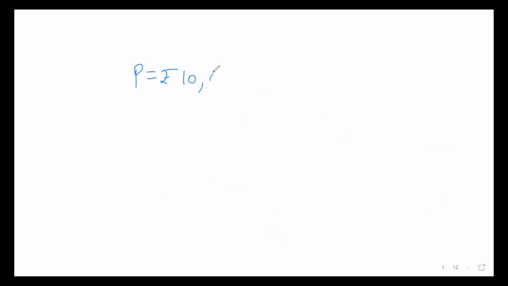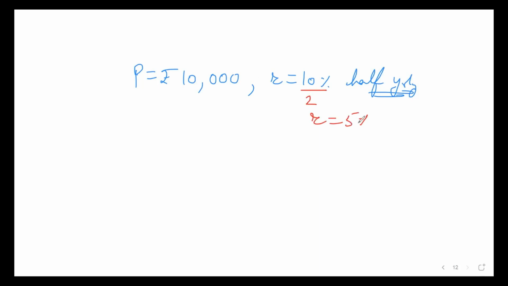Rupees 10,000 is the principal here. Rate is 10% per annum, compounded half yearly. Again half yearly. So rate would become in this case 5%, and the time is given as 1.5 years. So that is 3 by 2. Let's double it. That would be 3 years.